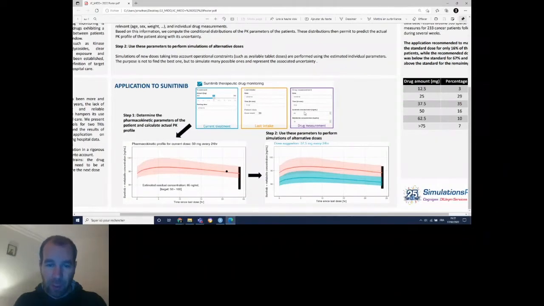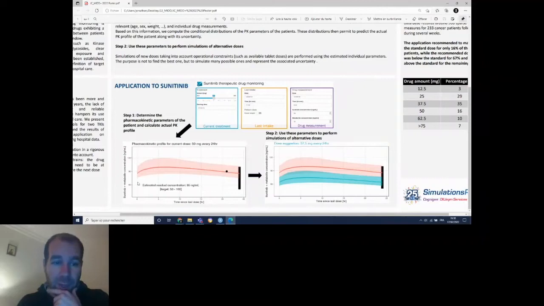And with this information, what we are able to do, we have this point in black corresponding to the measured concentration. And the first thing that we are able to do is to determine a pharmacokinetic profile. So what is this current pharmacokinetic profile? It corresponds to the profile of the patient and its uncertainty and its variability due to the population and its uncertainty, as we are reducing that from the pure population model to the conditional model.